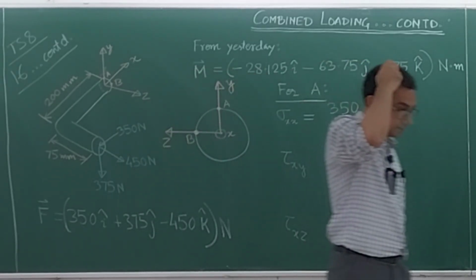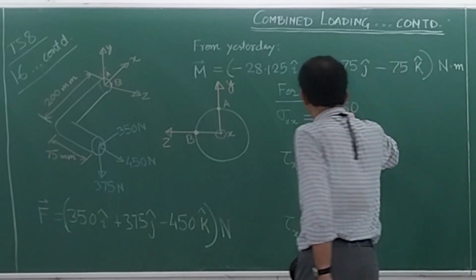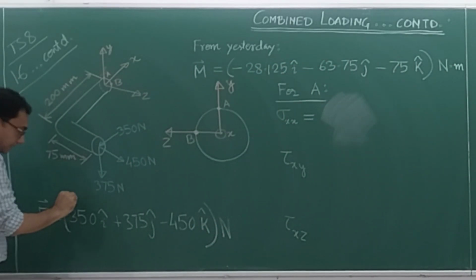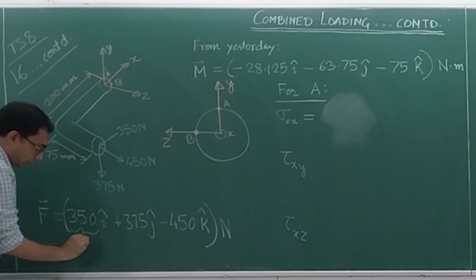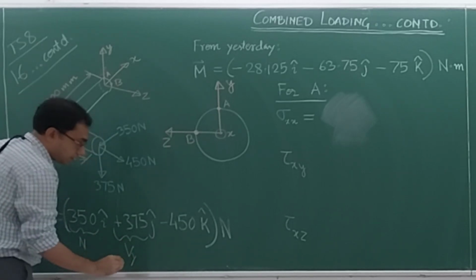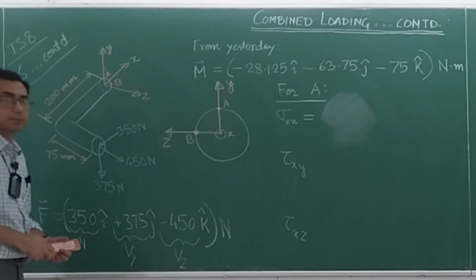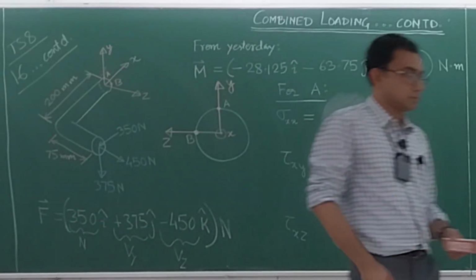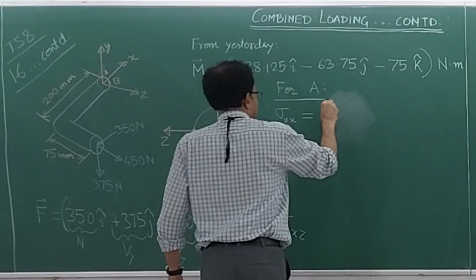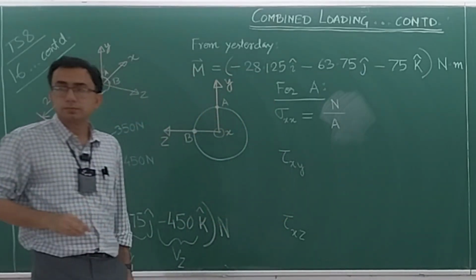What I'll do is, instead of writing like this, which later on will be confusing, I will call this one N, this one Vy, and with the minus sign, this as Vz. So here it will be N divided by A. A is what? Pi r square.